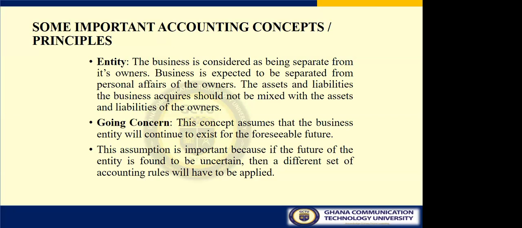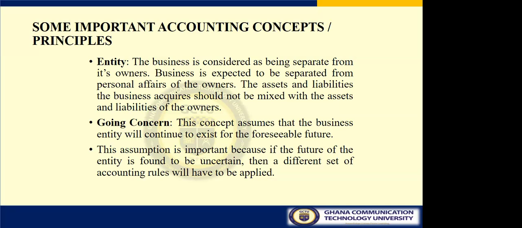Now let's talk about some important accounting concepts and principles. These are basic concepts and principles. We have what's called the entity principle. The entity principle says that the business is considered as being separate from its owners. The business is expected to be separate from the personal affairs of the owners. The assets and liabilities the business acquires should not be mixed with those of the owners.